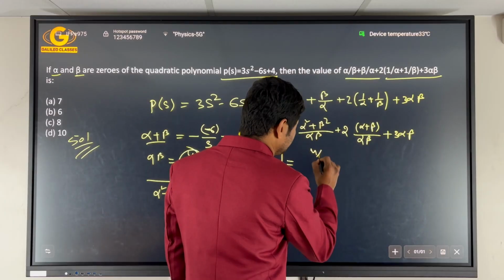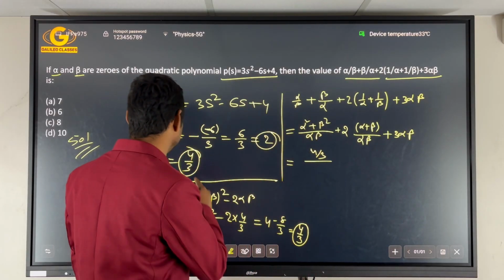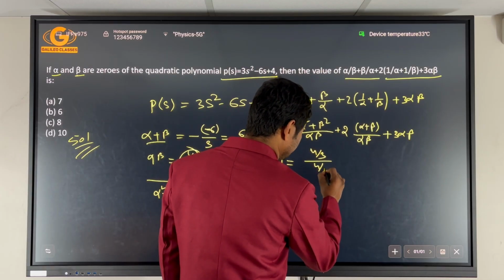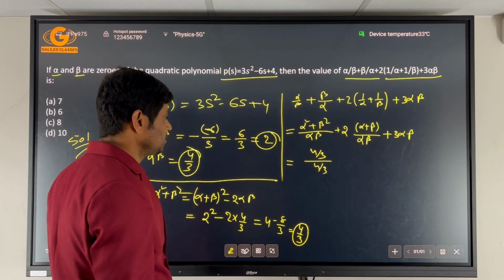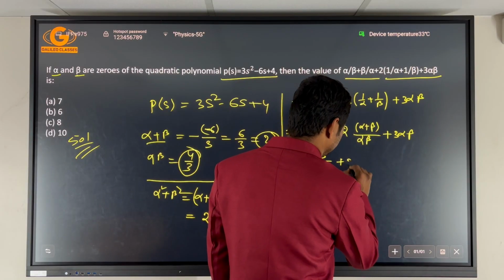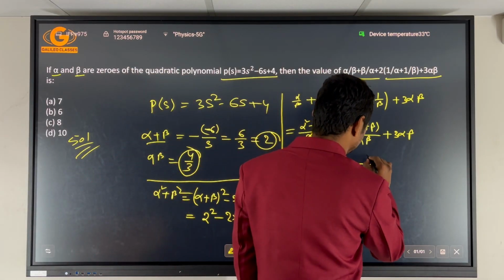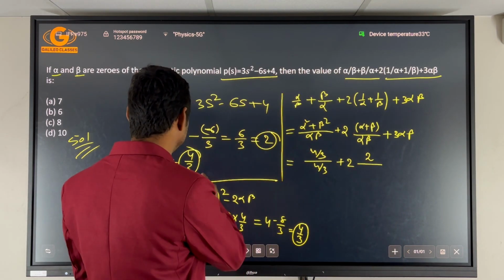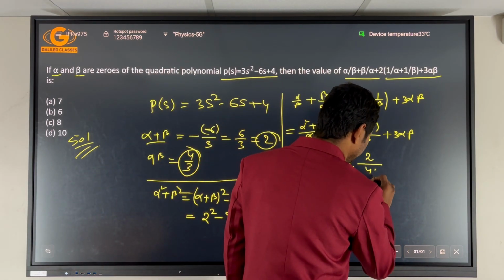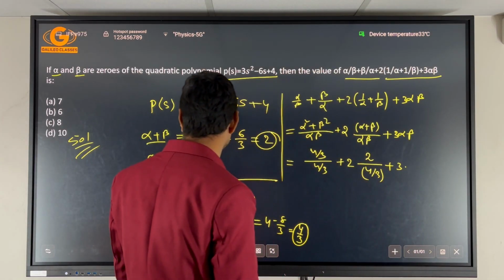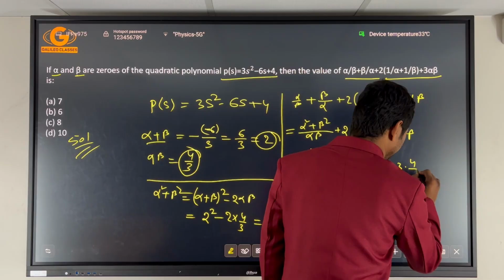So here it will be 4 by 3 by alpha into beta, which is also 4 by 3, plus 2 into (alpha plus beta, which is 2) by (alpha into beta, which is 4 by 3), plus 3 into 4 by 3.